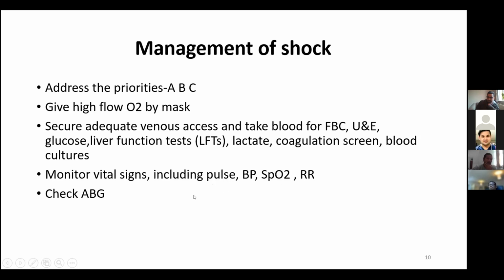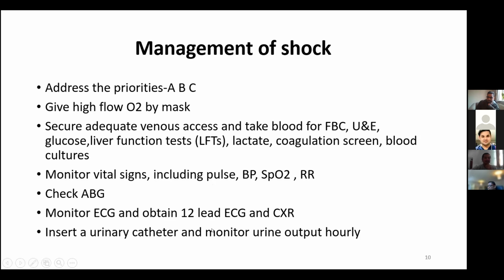We have to check lactate and tissue perfusion, for example whether the patient is hypoxic, via ABG. We also need to get a 2-lead ECG and chest X-ray. If possible, we insert a urinary catheter and monitor for signs of oliguria hourly.